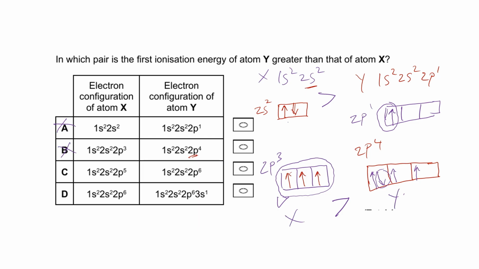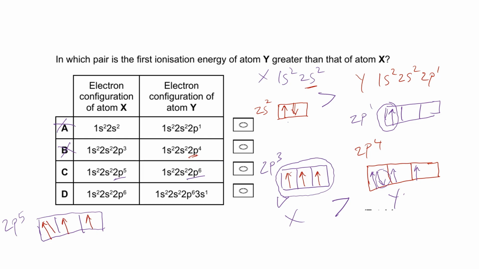Let's look at C. Now C, we have 2p5 and 2p6. Okay, so let's represent 2p5. So let's put the 5 electrons. We have 1, 2, 3, remaining 2.